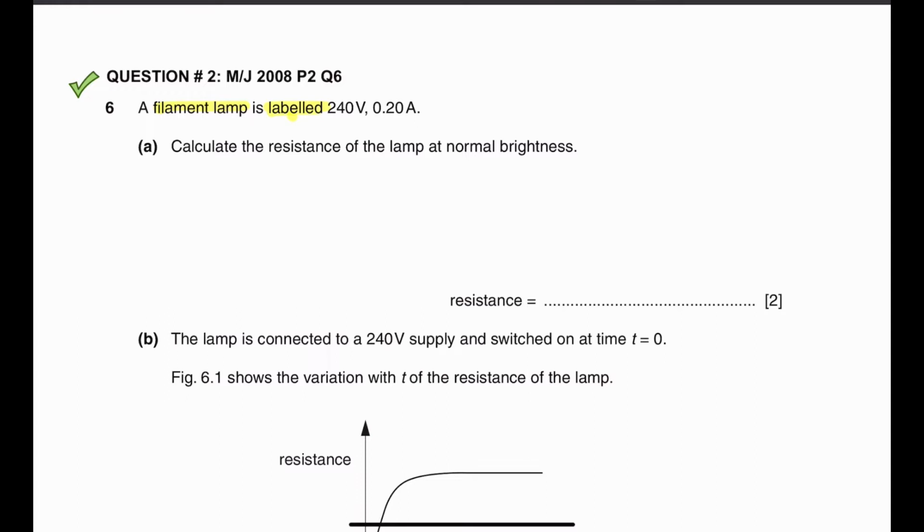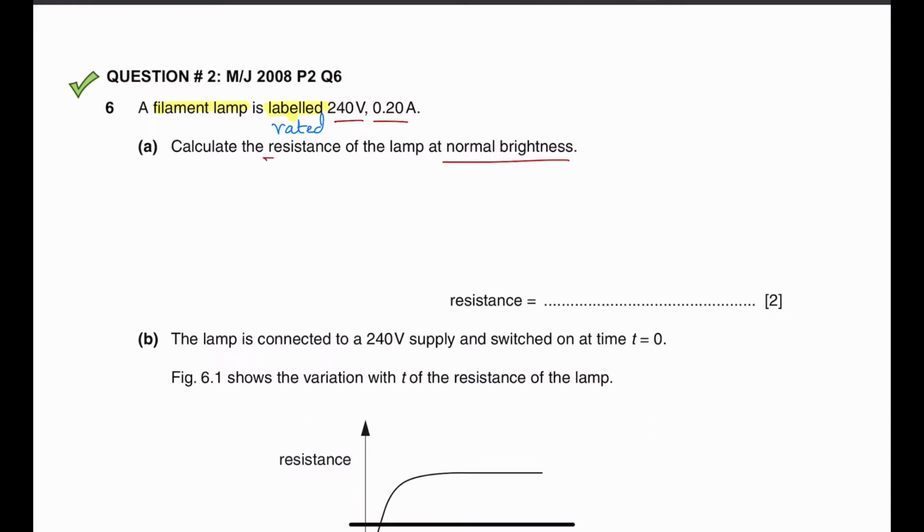Now when they use vocabulary like labeled, or they might use the word rated for anything, that basically tells you that these values should be given to the bulb. It should have a potential difference of 240 volt and a current of 0.2 amperes passing through it if it is to be working at normal brightness. So right now in part A, the lamp is working at normal brightness.